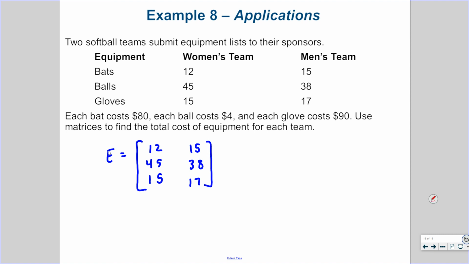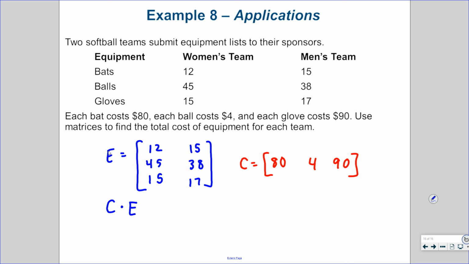Okay, so my rows were bats, balls, gloves. Columns were organized by gender. So my cost would be 80 for bats. What was the other one? 490. Okay, so yes, you're exactly right. To find the total cost, you just take this times this.